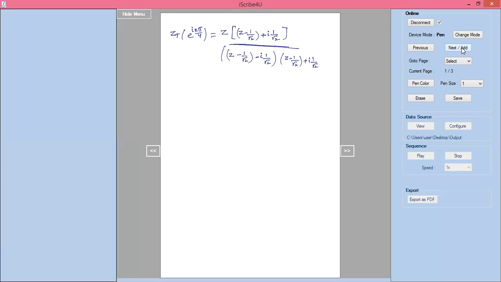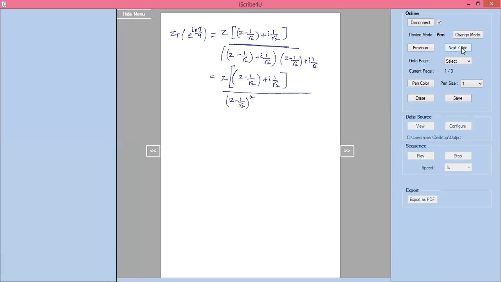Now if I simplify this, we get z minus 1 by root 2 plus i into 1 by root 2, whole divided by z minus 1 by root 2 whole square, plus 1 by root 2 whole square.